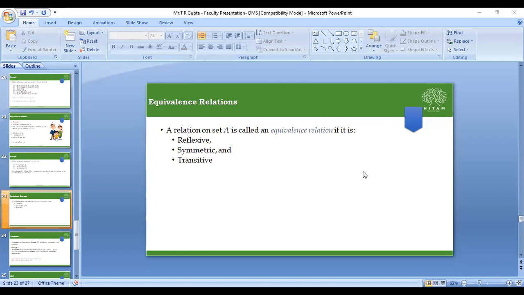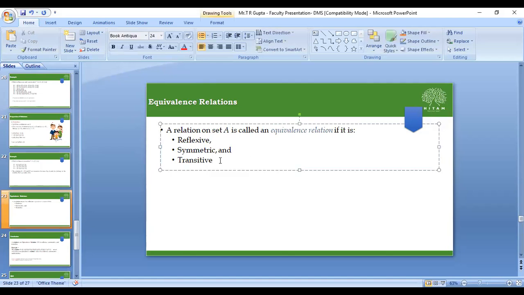Guys, and one more concept. A relation R is said to be a compatibility relation if it is reflexive and symmetric.